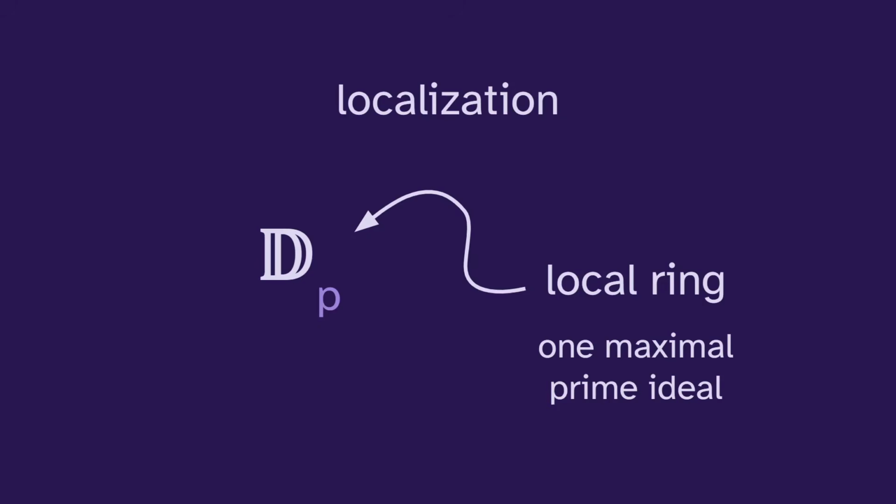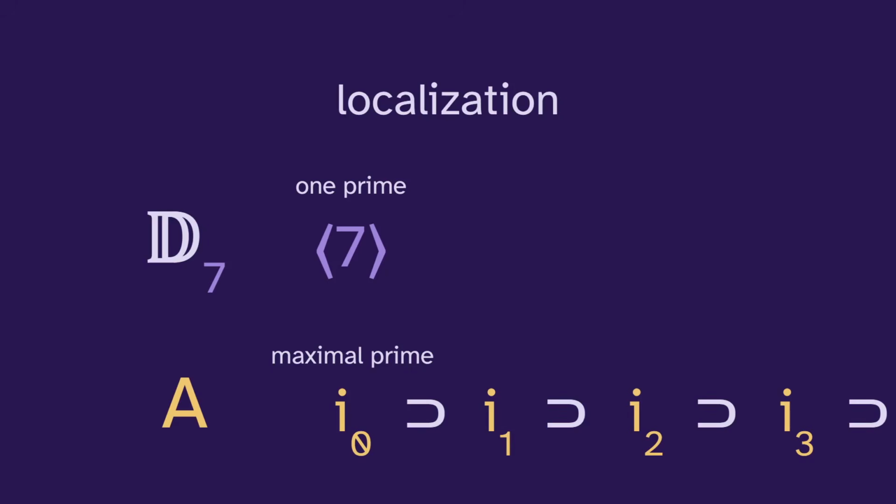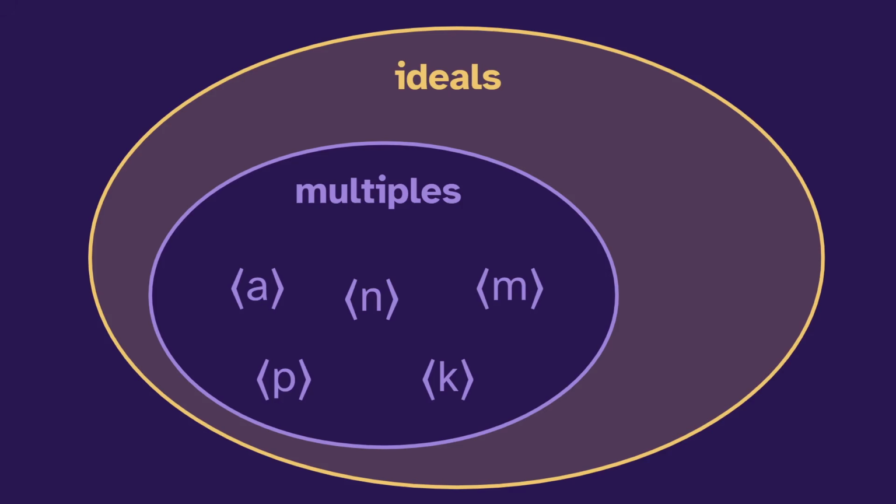Now notice this key word, maximal. There's not necessarily one prime ideal, just one that's maximal. In D7, there was only one prime, but in other cases we could get a maximal prime ideal that contains some other primes. This happens because ideals are weird. The multiples of n is a very common type of ideal, but there are other kinds.